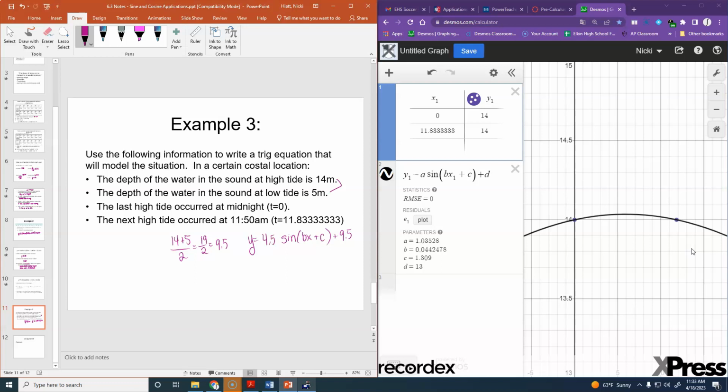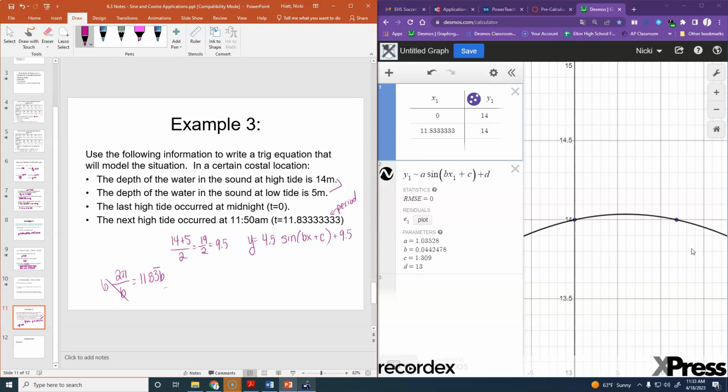Okay. The period for this would be, if you go high tide to the next high tide, that's a full period, right? High tide, back down to low, back up to high. So this is your period. Like we were doing yesterday, you'll do 2 pi over b equals 11.83 repeating. Multiply both sides by b.